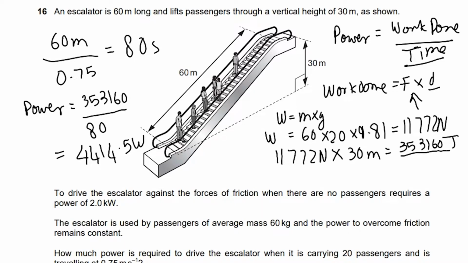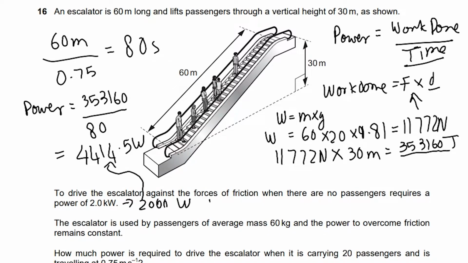But the escalator also requires a power of 2 kilowatt when there are no passengers, to drive the escalator against the forces of friction. So 2 kilowatt means 2000 watts. So we have to add these 2000 watts to these 4414.5 watts.